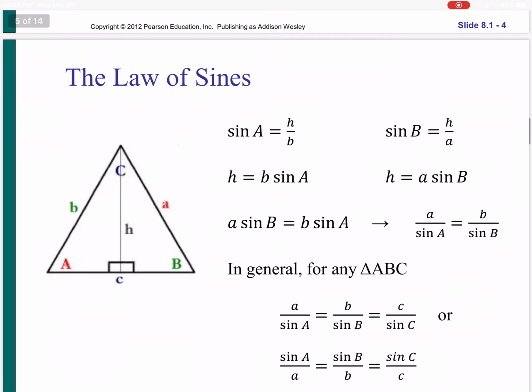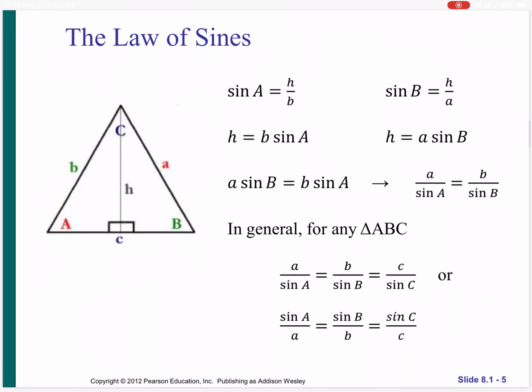Now, the law of sines, what is it? Well, starting off with the triangle that we have on the left and splitting that triangle to form two right triangles. I'm just going to look at the right triangle on the left side of that one first. Using our right triangle definition, we could say that the sine of A is h over b, right?